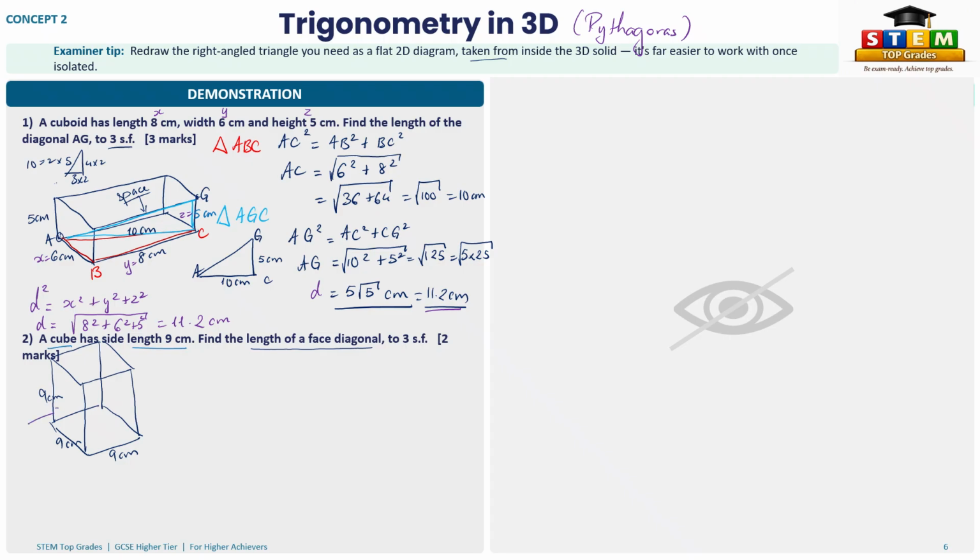So we are going to look at this face and draw it here. So it's 9 centimeters by 9 centimeters, and what we're looking for is a diagonal across this face. So okay, we also know that this is in centimeters, 9.